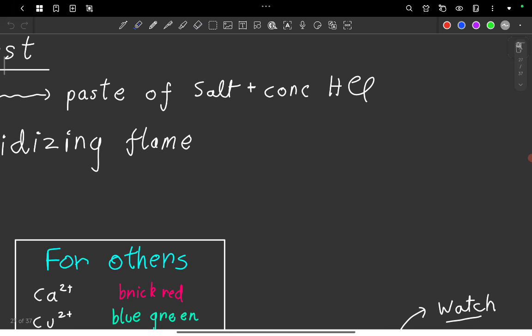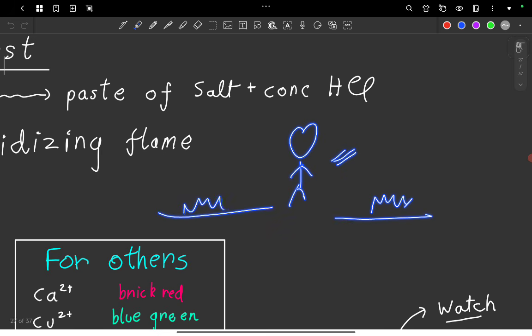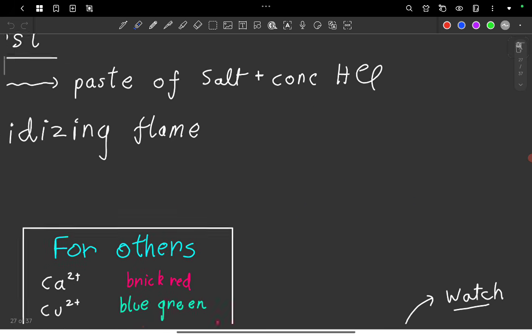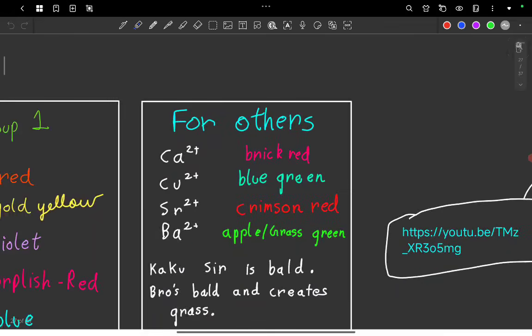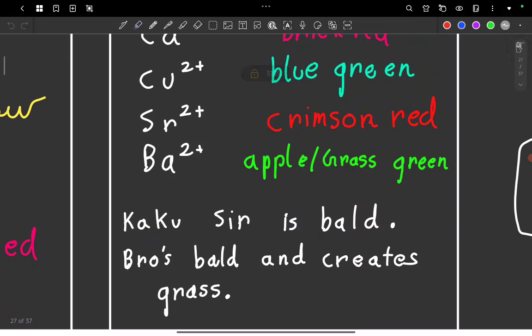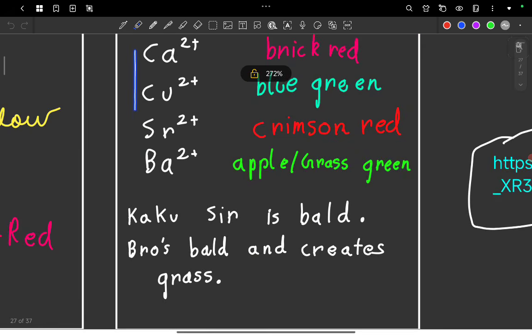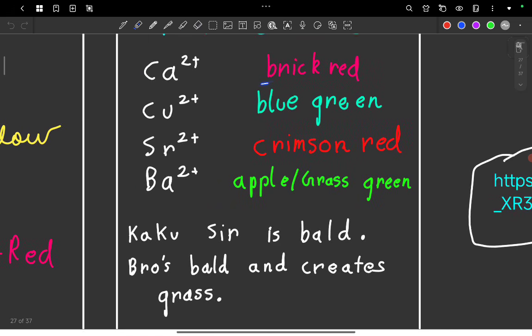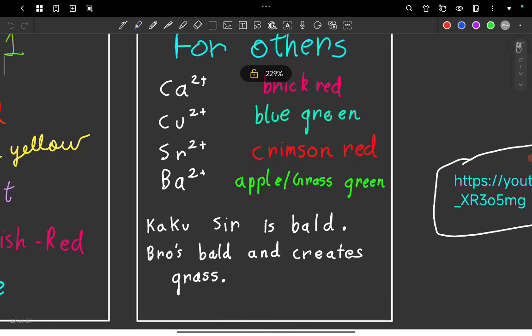So Kaku sir also accepted his terms and conditions, and he gained the power to grow grass wherever he wanted, anywhere. So using this story, you remember Kaku sir is bald, bro is bald and creates grass. Basically, Kaku sir is bald, bro is bald and creates grass.